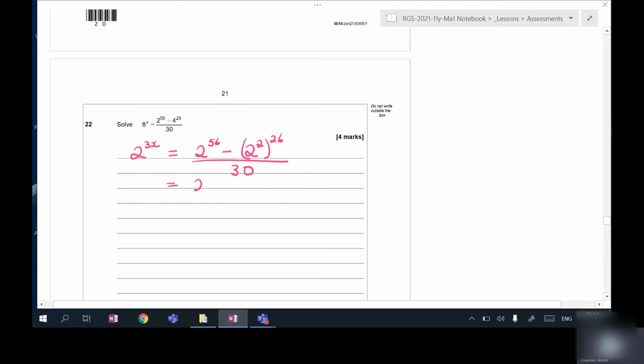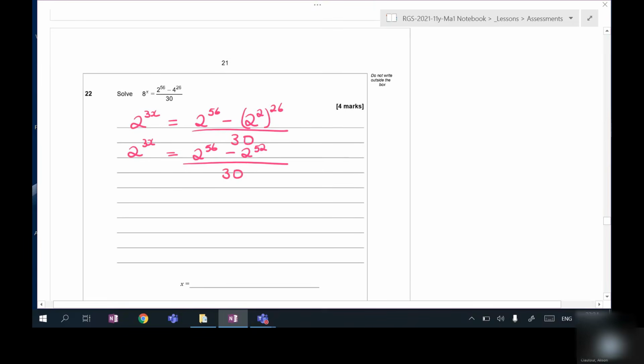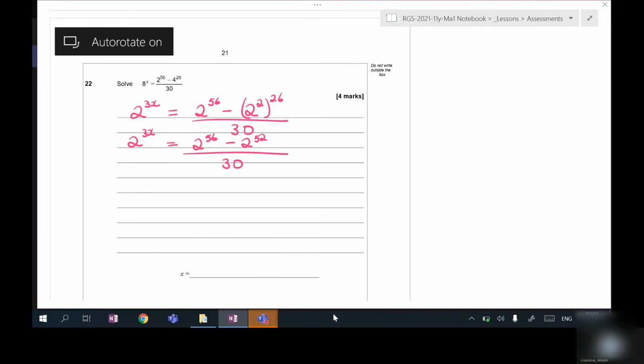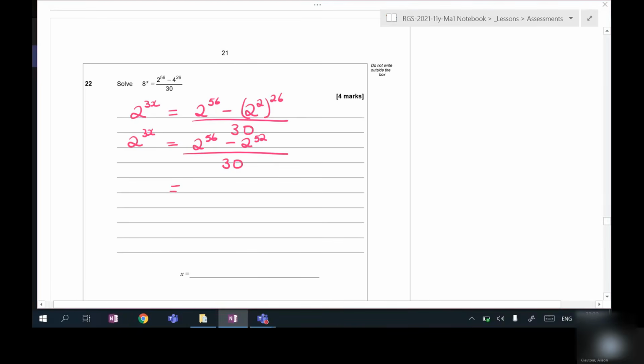So what have we got? 2 to the 56 minus 2 to the 52 divided by 30. Okay, so what I'm going to do is factorise out 2 to the 52.